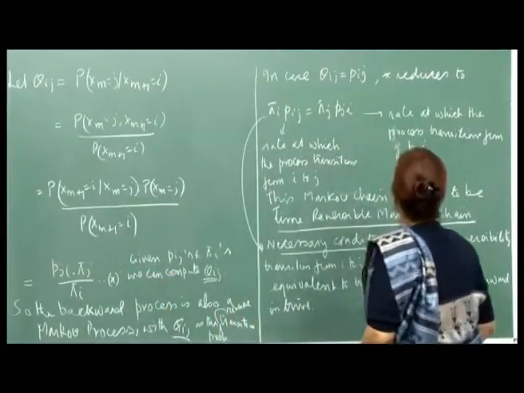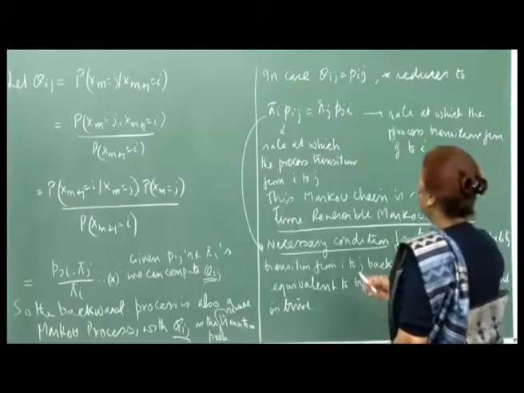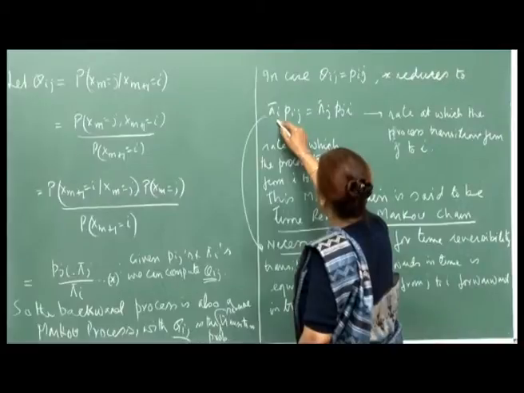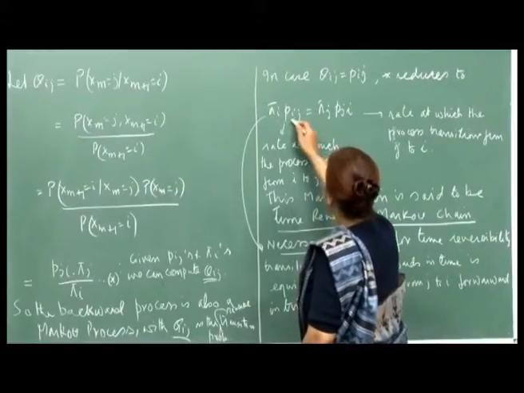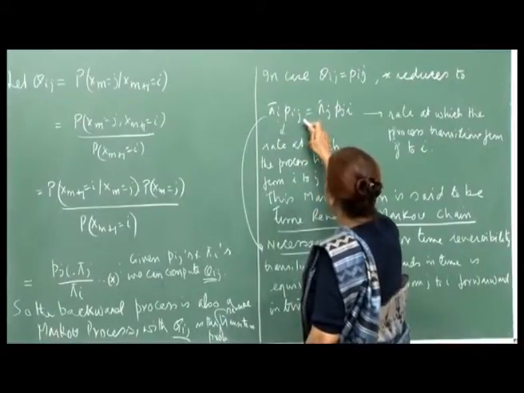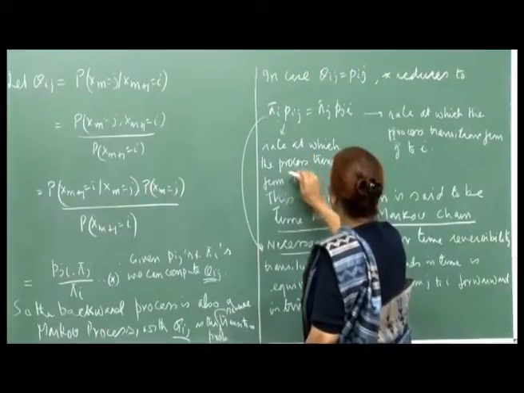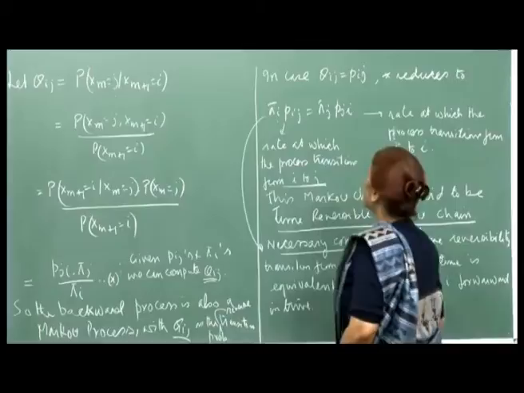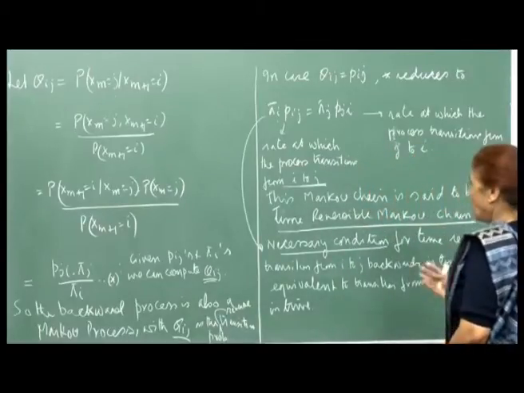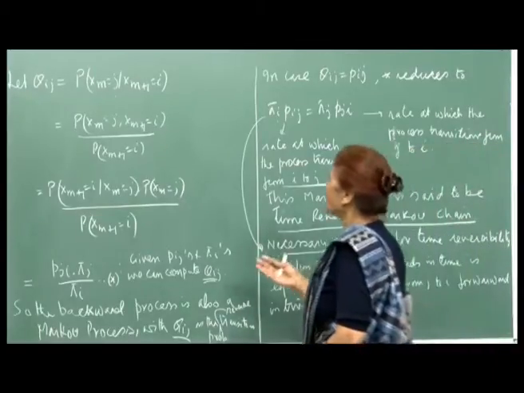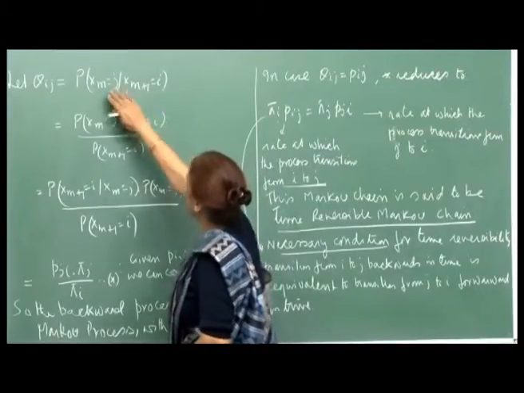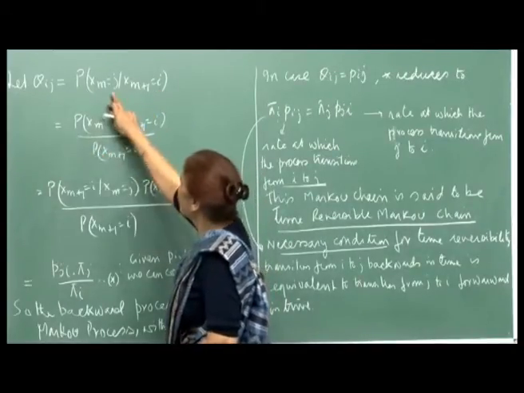Now, if you look at the left hand side, this is the probability of being in state i, and this is the probability of transitioning from i to j. So, this is the rate at which the process transitions from i to j, because I am assuming that currently I am in state i and transitioning backwards to state j.